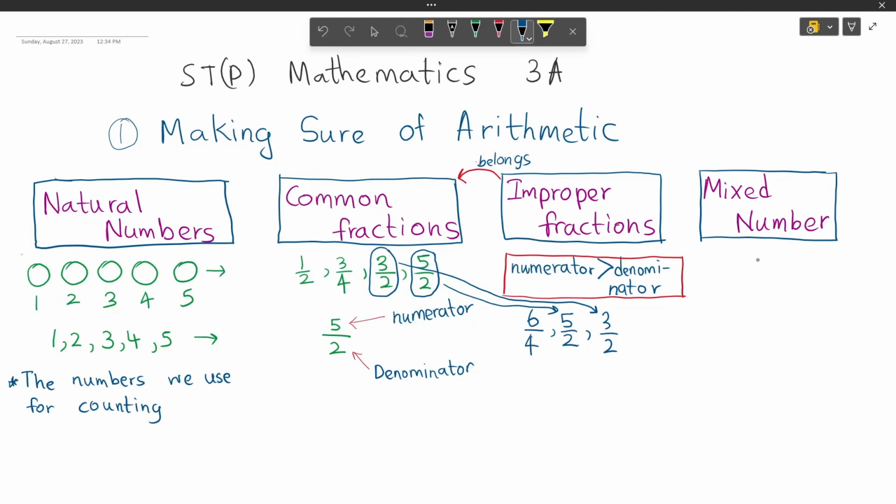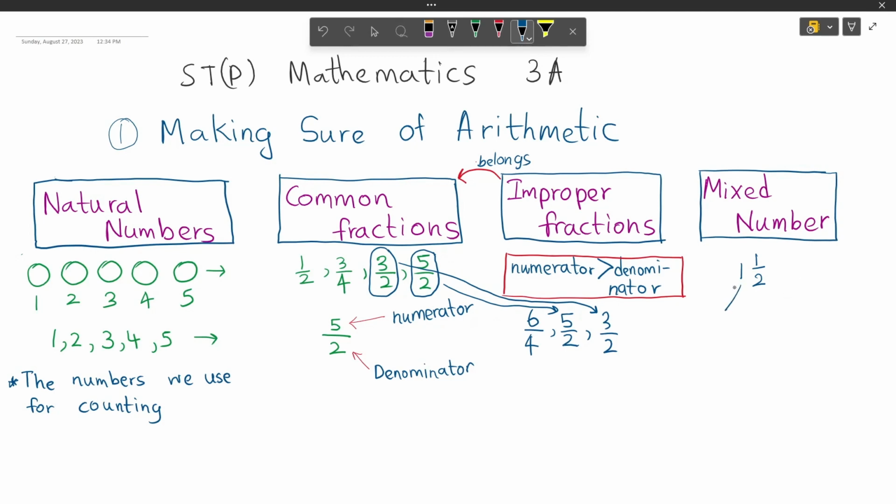Let's take an example. 1 and a half. This is a mixed number. We have a natural number and a fraction.